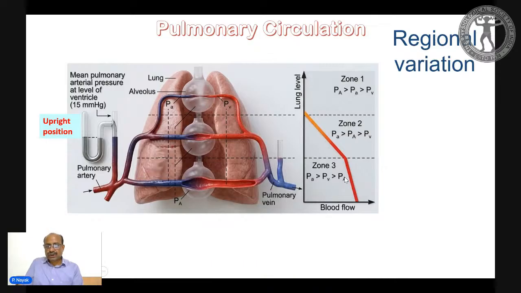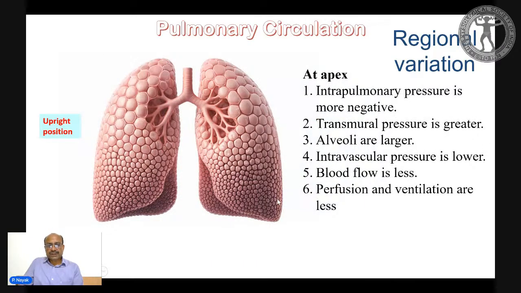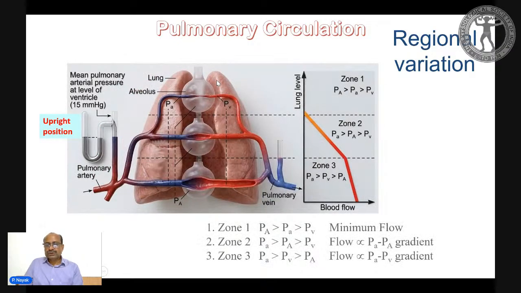If you compare it with this structure, here the alveolar pressure is less, and here the alveolar pressure is high. So the zones are divided accordingly: zone 1, zone 2, zone 3. It is not really true that zone 1 of the lung is not receiving blood flow at all.